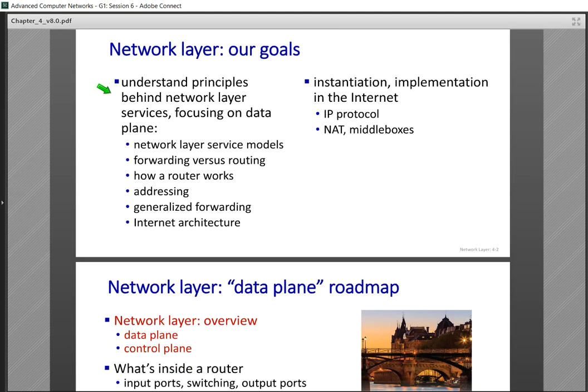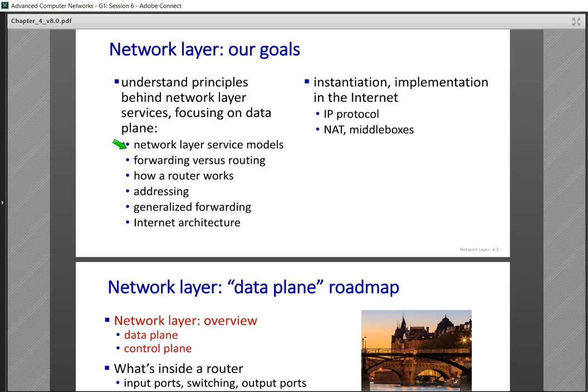Here in chapter 4, we try to understand key principles behind the network layer, its services, and some important protocols in network layer. As we talked in chapter 1, the network layer in computer networks is the 3rd layer.